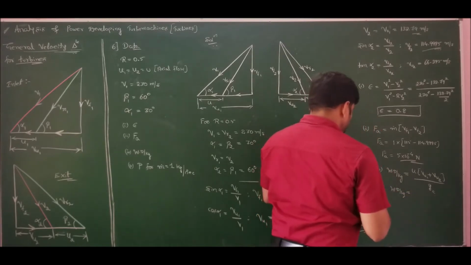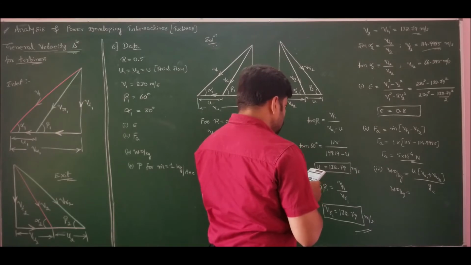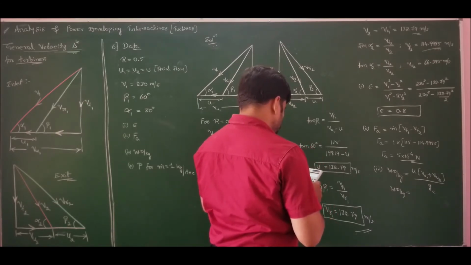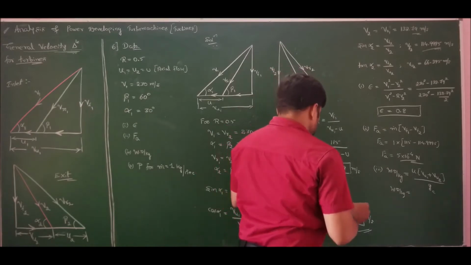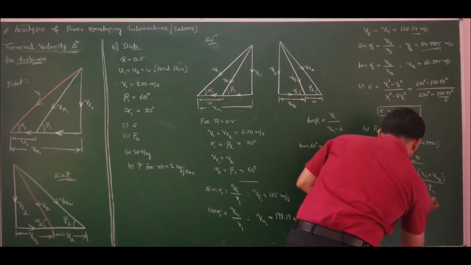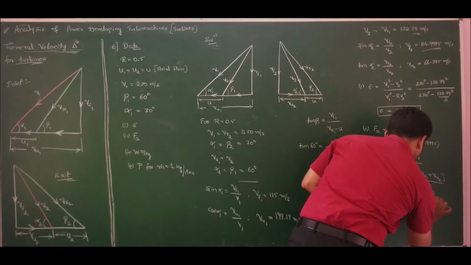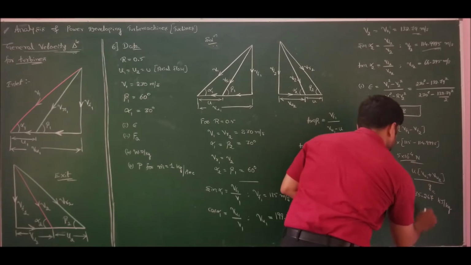So therefore, work done per kg will be U, which is 132.79, into Vu1, which is 199.19, plus Vu2, which is 66.395. So I get the work done per kg as 35.267 kilojoules per kg.